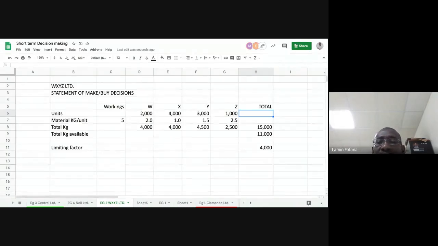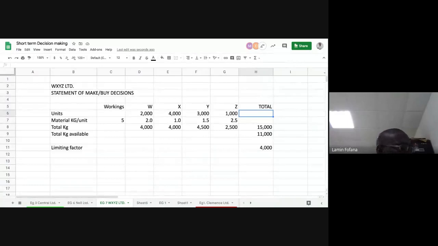So because the question asks for that, this time around, we're not going to calculate contribution per unit, contribution per scarce resource. No, that's not what the question is asking for. The question is asking for advice as to which products should be made internally and which products should be bought, based on the limiting factor, okay?